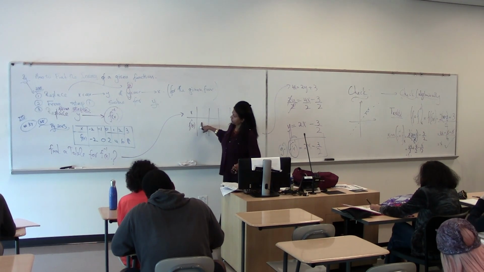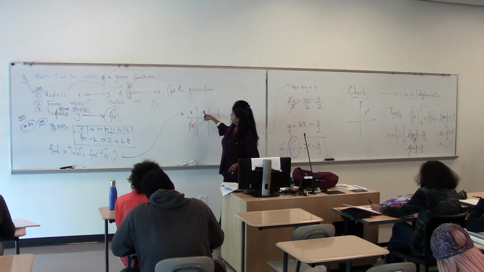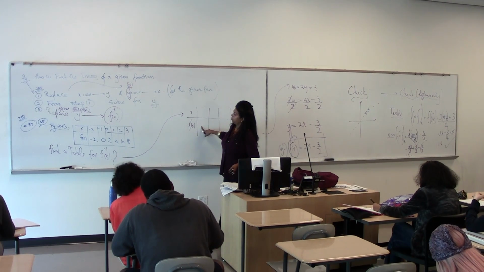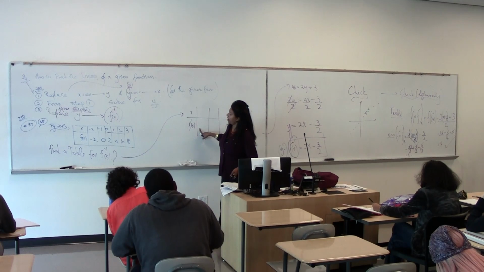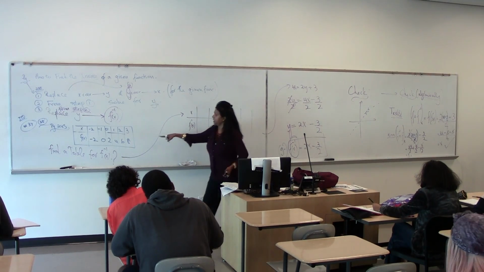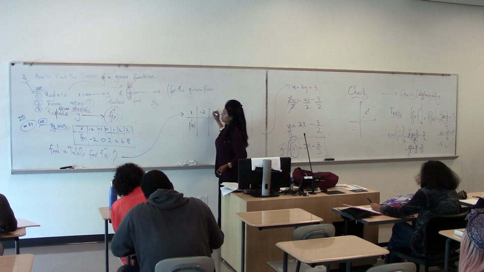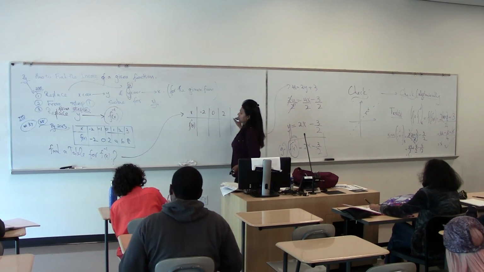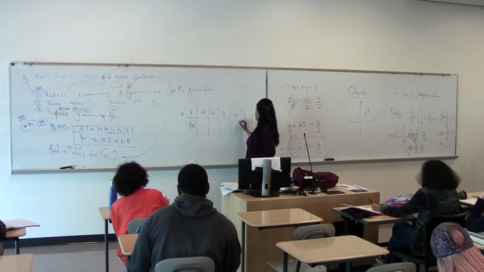So we have to just put the y coordinates for x. These are the y coordinates here. So -2, 0, 2, 4, 6. Very simple.